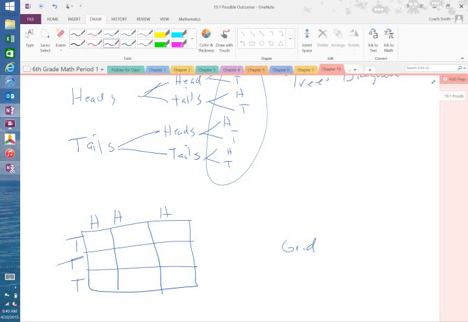No, that wouldn't be right. The grid, you're going to only have, let's see here. They do one that's a little different in the book. Yeah, they do one in the book.